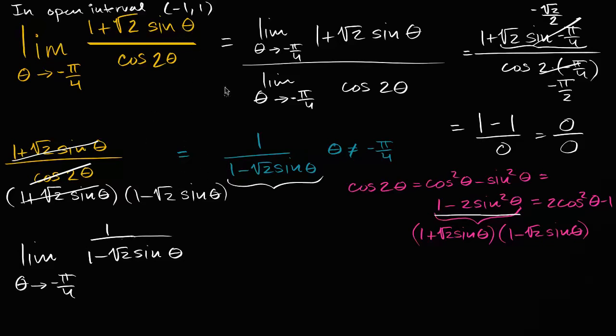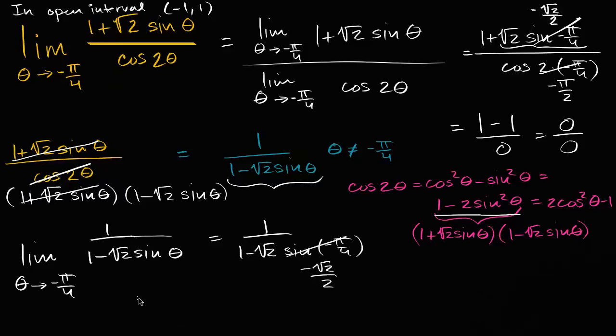Even disregarding the open interval, this expression is defined and it is continuous at theta equals negative pi over 4. So this is just going to be equal to 1 over 1 minus the square root of 2 times sine of negative pi over 4. Sine of negative pi over 4, we've already seen, is negative square root of 2 over 2.